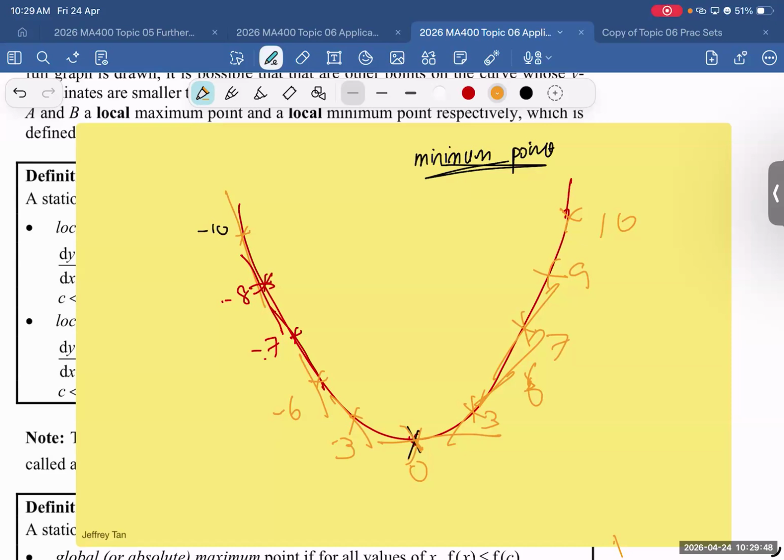The gradient of this is d²y/dx². Is it positive or negative? Positive. So what's my conclusion? Whenever it is a minimum point, how do I check with the second derivative test? If my second derivative is positive, it is a minimum. That's the idea of the second derivative test. But there will be times when the second derivative test messes up, so the first derivative test is actually the best.